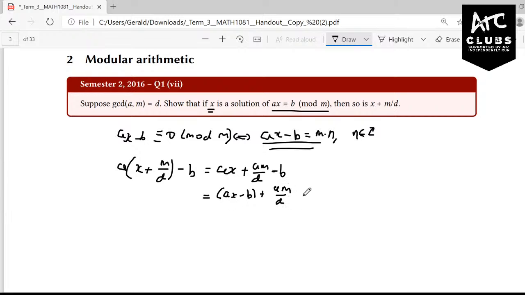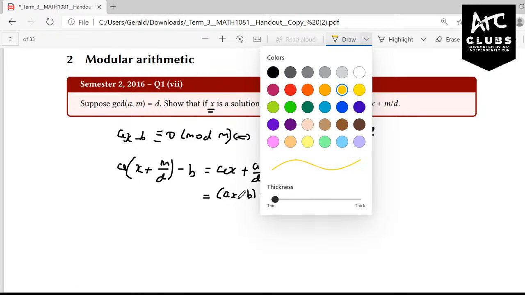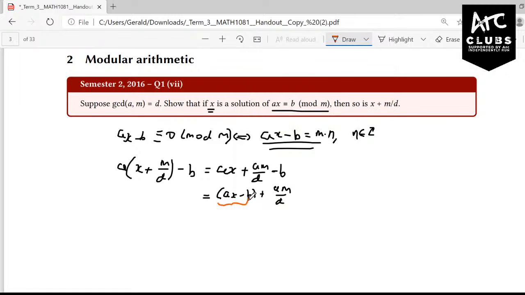And we want to show that this is a multiple of M. Because this portion here, we've already defined that. Remember that this portion here is M times N. So this part here is already a multiple of M. And we want to show that this is a multiple of M.